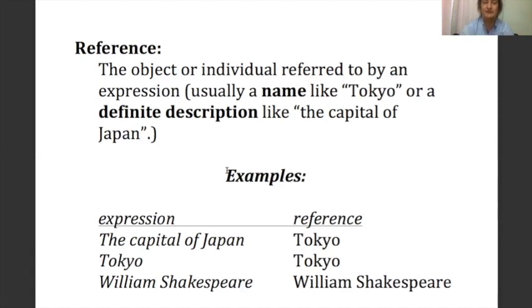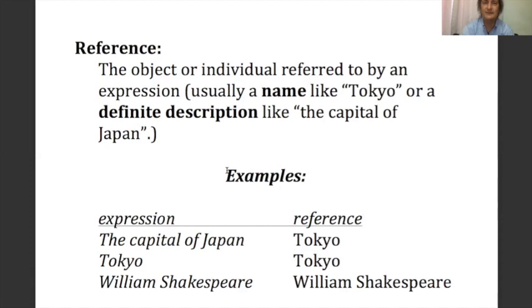So the capital of Japan feels like it could be used to refer to a particular place, Tokyo. Tokyo, the word, feels like it's referring to a particular place, Tokyo, the place. The name William Shakespeare feels like it's picking out an individual, William Shakespeare. So these expressions will, we say, refer to the things that they denote.